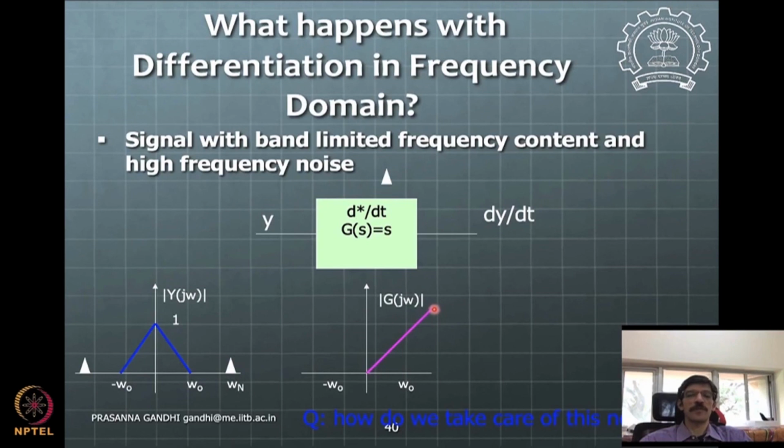So the noise in this signal will get amplified. That is the main effect of the differentiation operation on the signal.